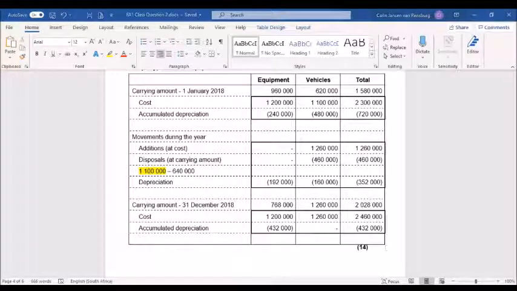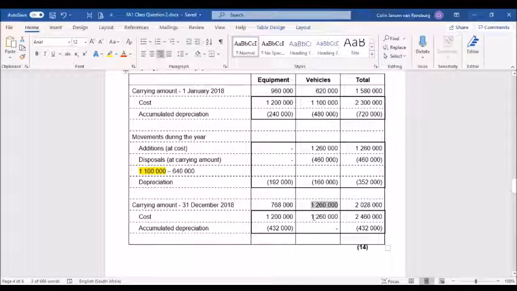Remember, when we just look at the carrying amounts, initially when we calculate that figure, we take the opening carrying amount and then we add up all positives that had an effect on the carrying amount. So it'll be all the positives in that column, and we deduct all the negatives in that column to arrive at the figure for the net carrying amount at the end of the year.